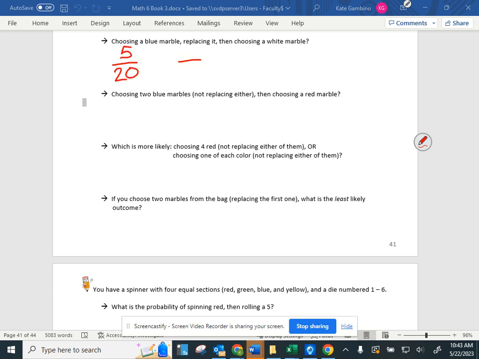And then, what is our second fraction? Replacing your blue marble, so we're staying at 20 marbles in our bag. Now we want to choose a white one, Enzo. 7/20. Yeah, so now we have 7 white over the 20 marbles. I'm going to multiply. So I know 5 times 7 is 35. 20 times 20 is 400.